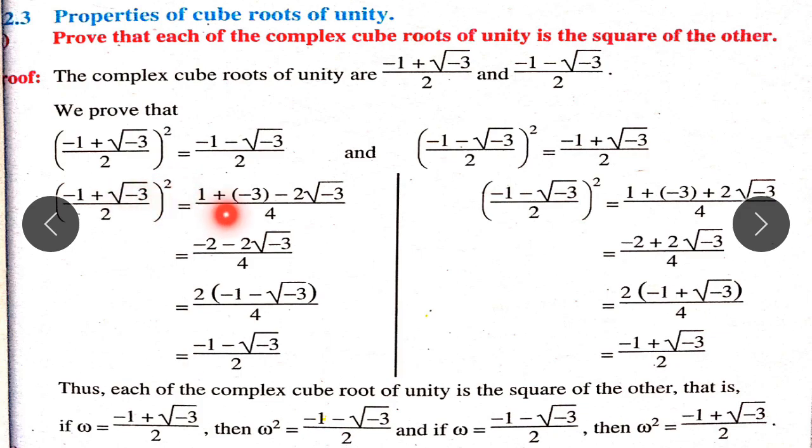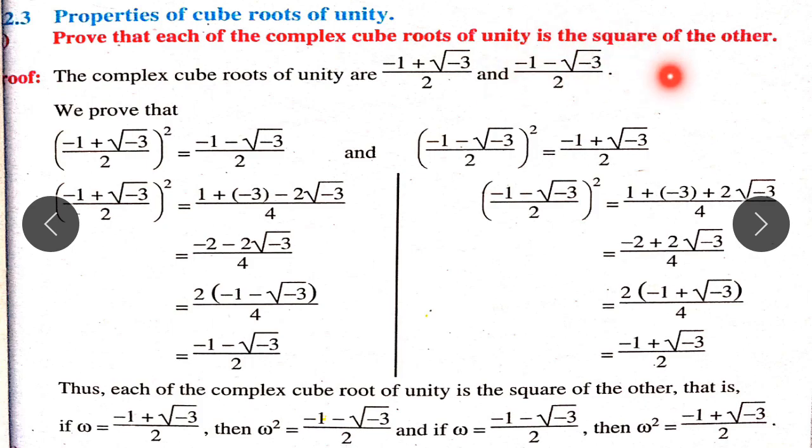So a square, b square, and 2ab, and 2 2's are 4 here. Here it has been simplified and 2 is taken common. You can see 2 1 is 2, 2 2's are 4, and minus 1 minus root 3 iota divided by 2. You can see that when the first complex cube root of unity is squared, it has resulted in the other complex cube root of unity.